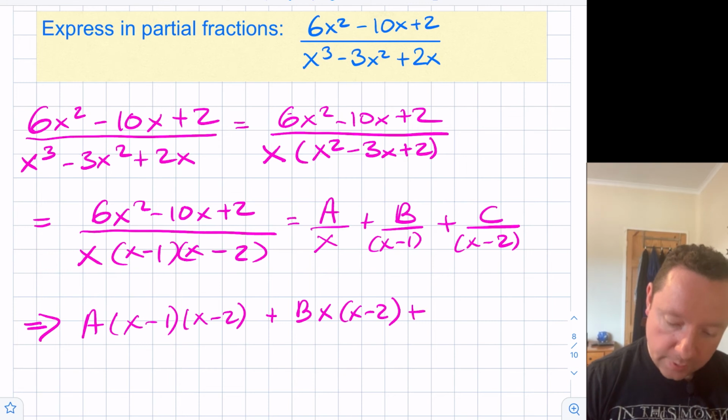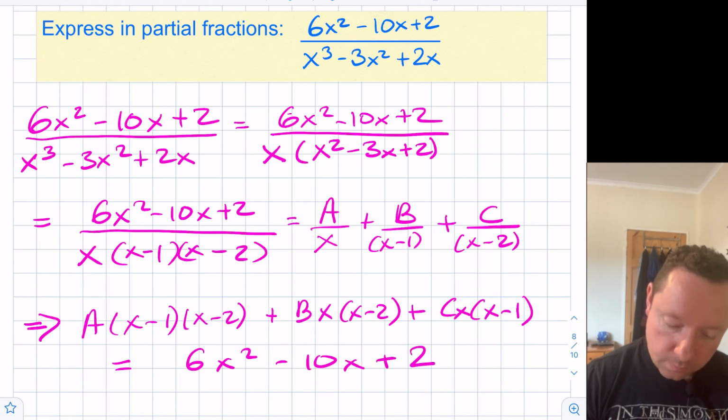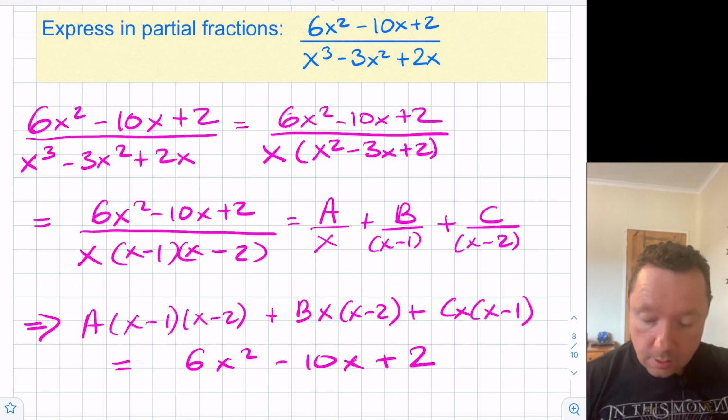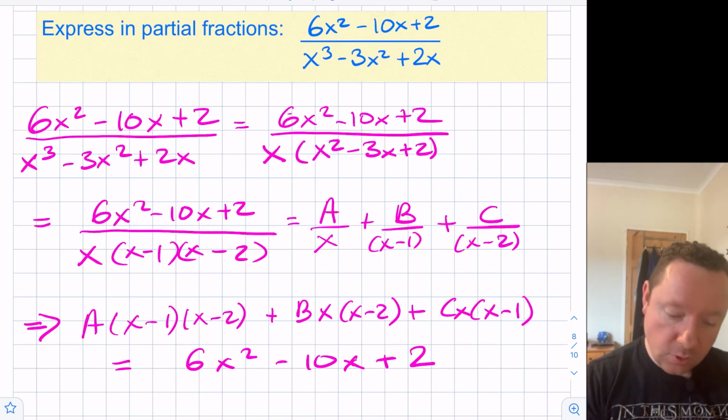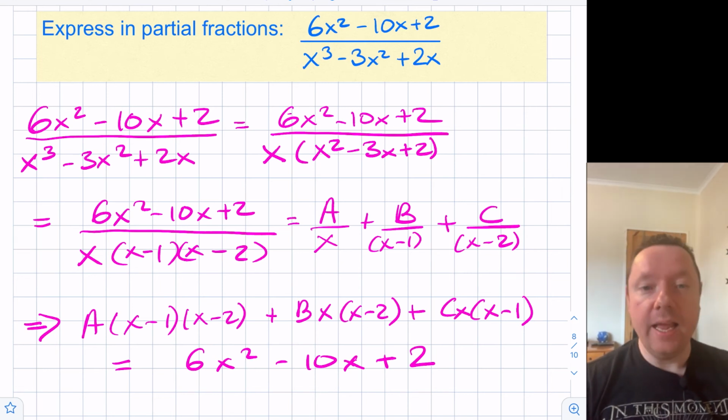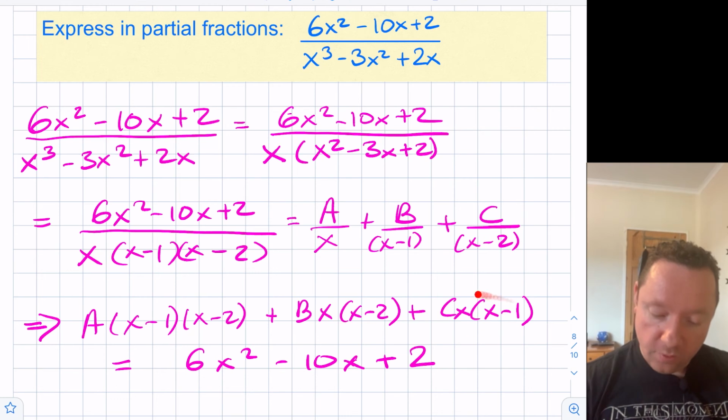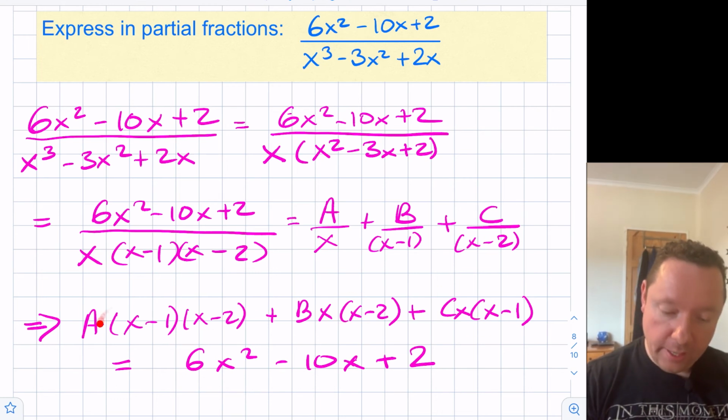And the c one's been times by x and x minus 1. That equals the whole of the top, 6x squared minus 10x plus 2. Quite handily though, we've got cx and bx, so we can just let x equal to 0 to eliminate both of these, and we'll get our a straight away.